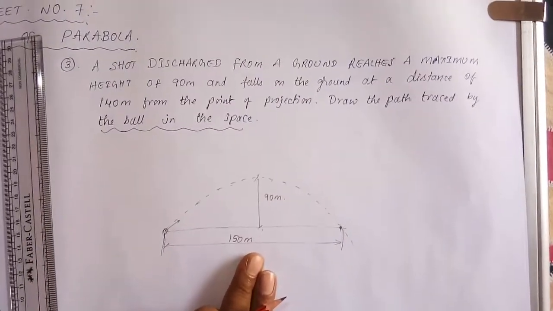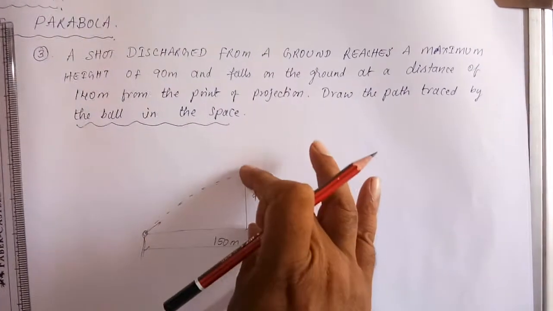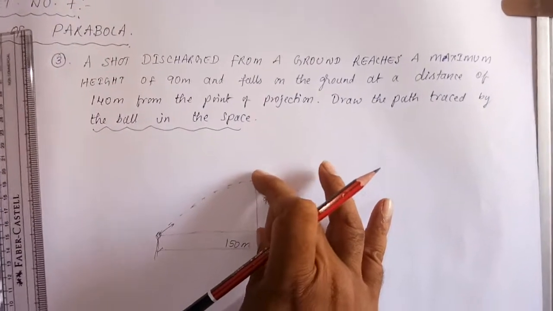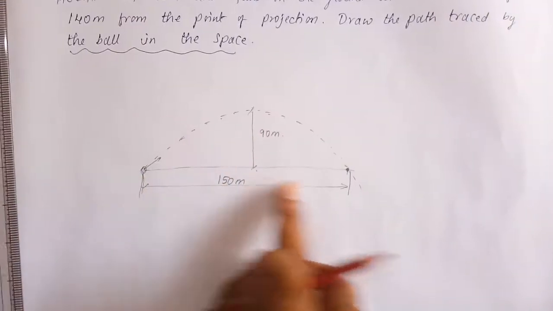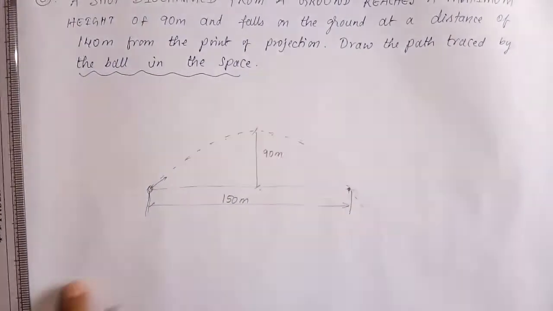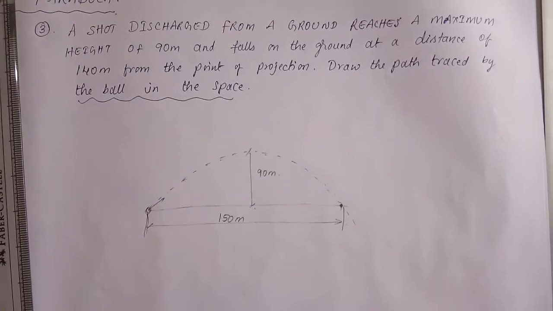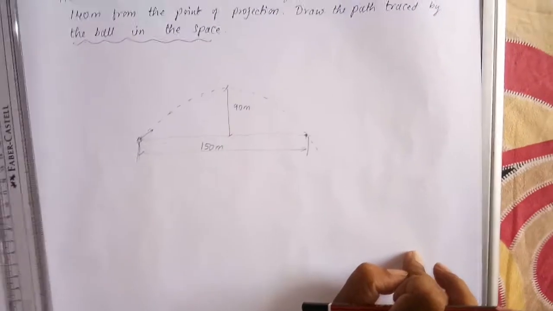Now what is the size of rectangle you have to construct here? 150 meter horizontal and 90 meter vertical. You have to construct a rectangle of 150 meter into 90 meter. Is it possible to construct 150 meter rectangle? Can we construct 150 meter in this sheet? No, we can't do it.